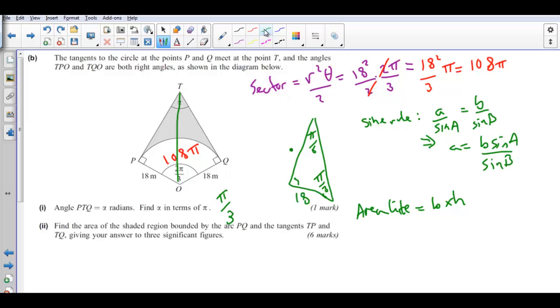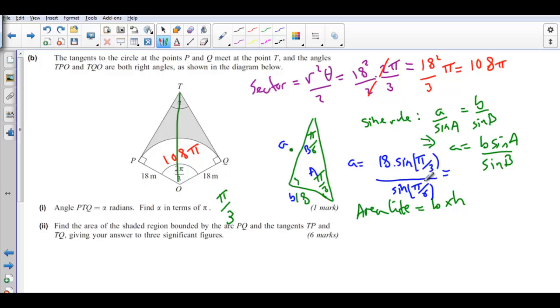Labelling it up, what have we got here? This will be little a, so this will be big A, so this will be big B, and this will be little b. Okay, putting things in, a will be equal to 18 times sine A, big A, pi over 3, all divided by sine B, which is pi over 6.